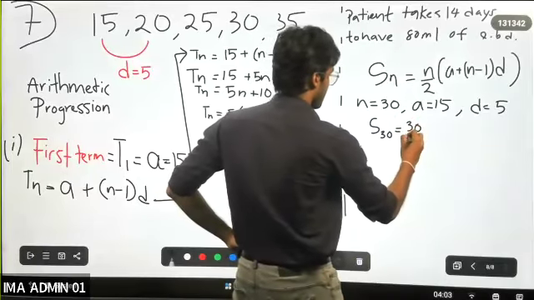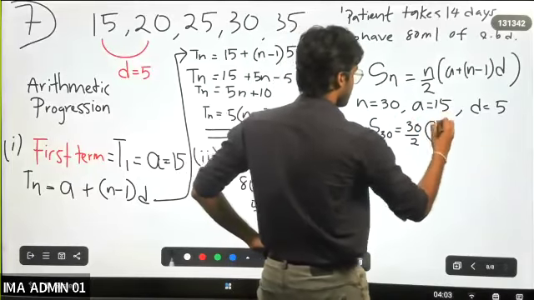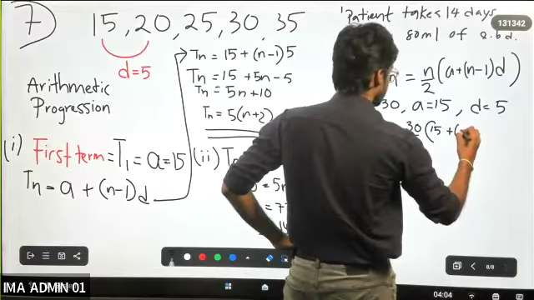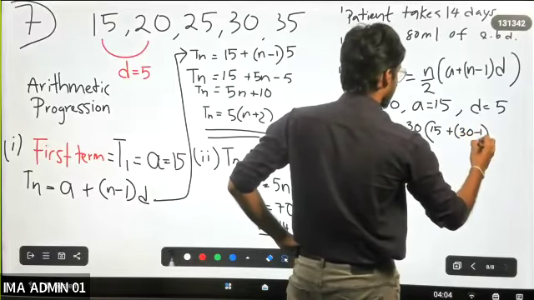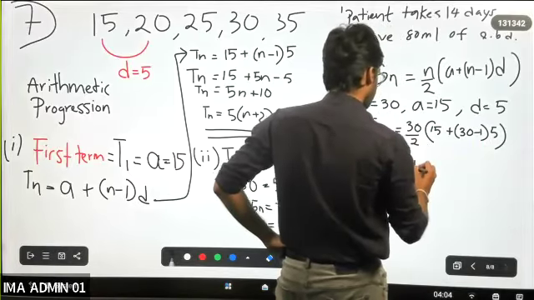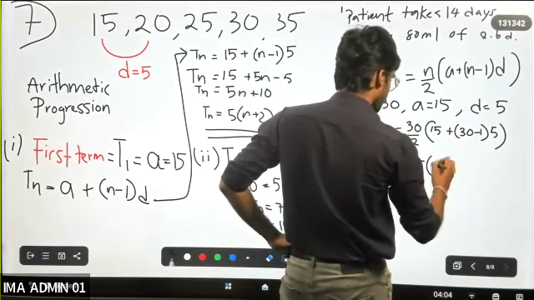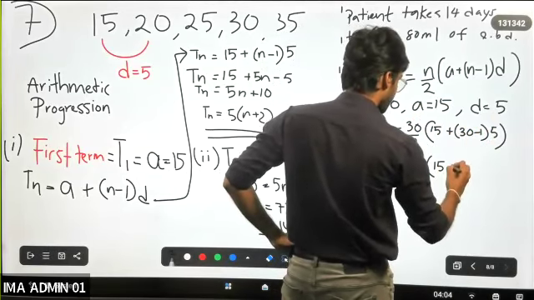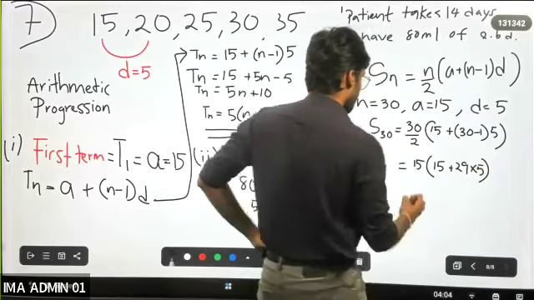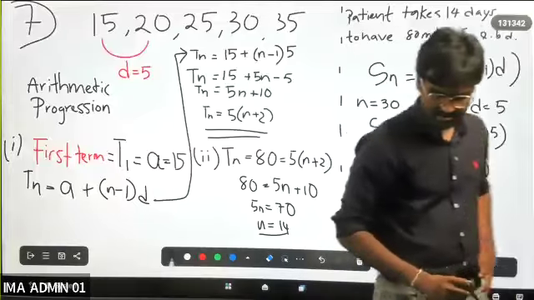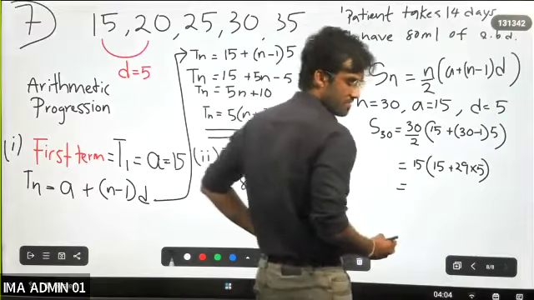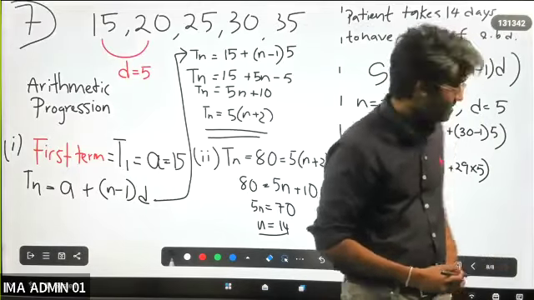So 30 divided by 2, a is 15, plus n is 30 minus 1, and d is 5. 15 plus 29 by 5. Right? Did anyone solve this? I think 145, no? 145, or is it?